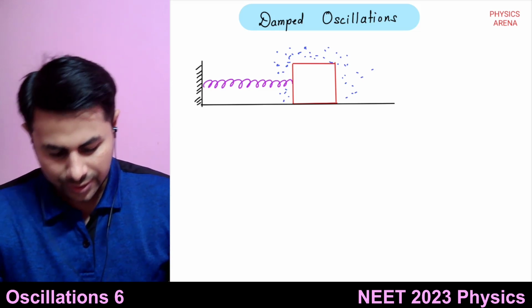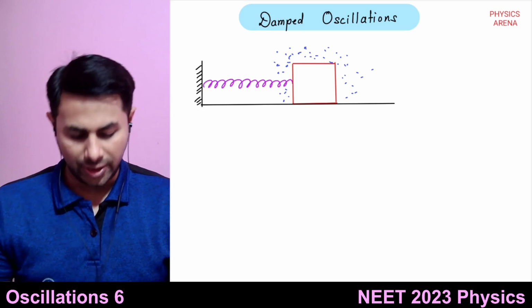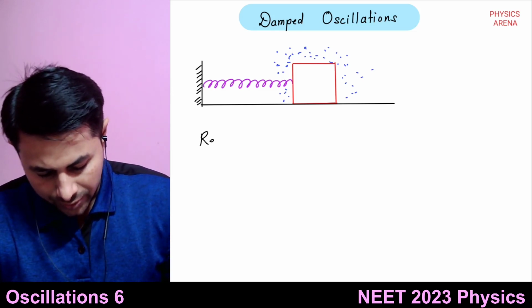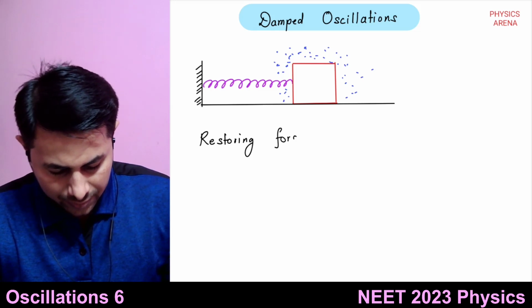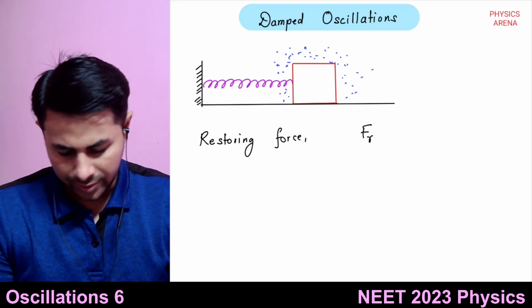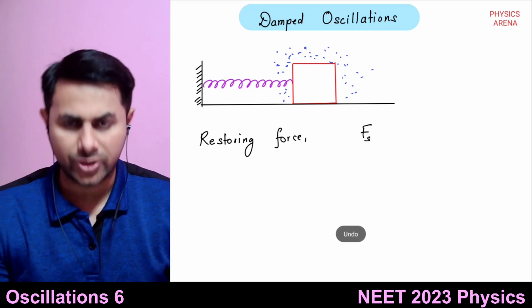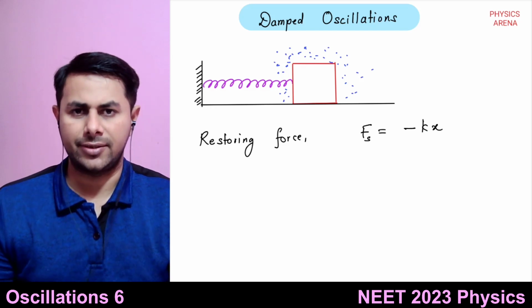So first one is the force due to the spring. The restoring force due to the spring, and we know the restoring force is given by, let's call it F suffix S for spring. It is equal to minus of k multiplied by x.